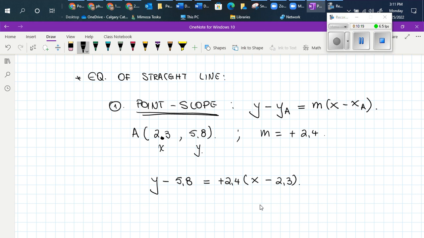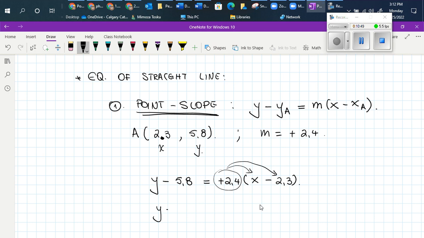This is the point slope form of the equation of the line, and it is great, it is fine. But what we do is we convert it into what is known as the slope y-intercept form. In this case, when we have this form, we use distribution. So the positive 2.4 is multiplying x and is multiplying negative 2.3.